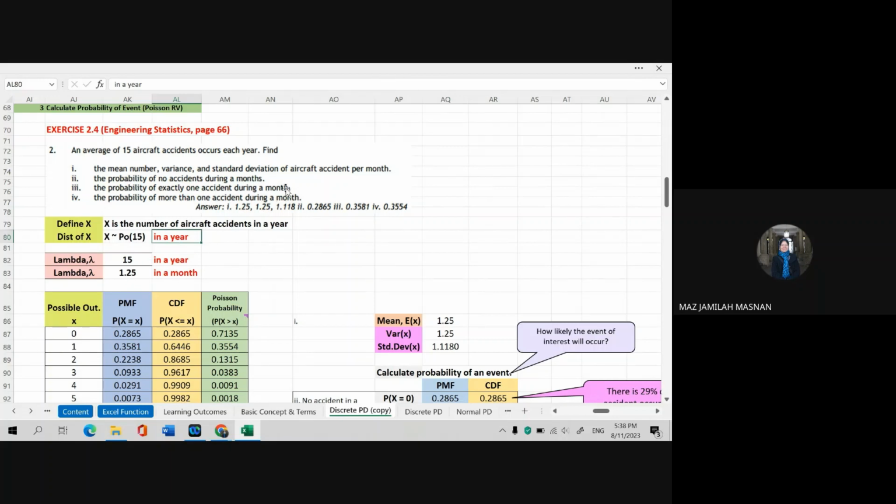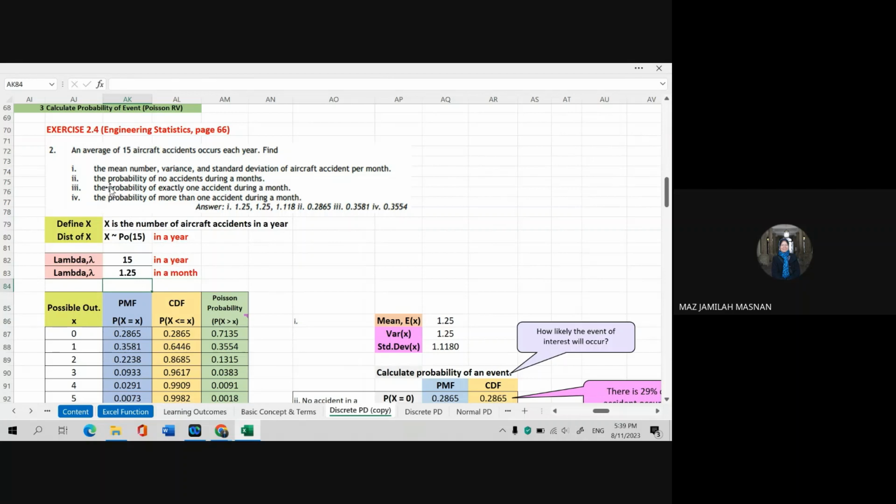Now, since the question is about 1 month, you have to change it into the specified dimension of a month. Lambda for a year is 15. Lambda for a month, how can I get 1.25? It is actually equal to 15 in a year, and since I'm looking for 1 month, I divide by 12. And it will give you 1.25.